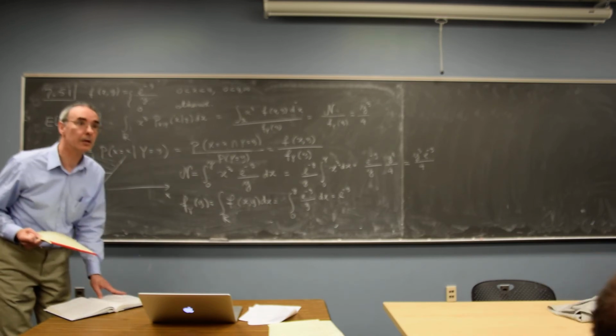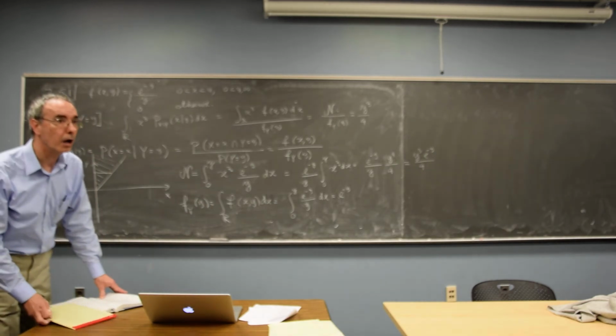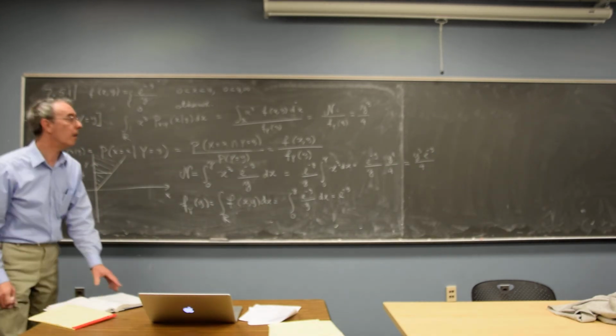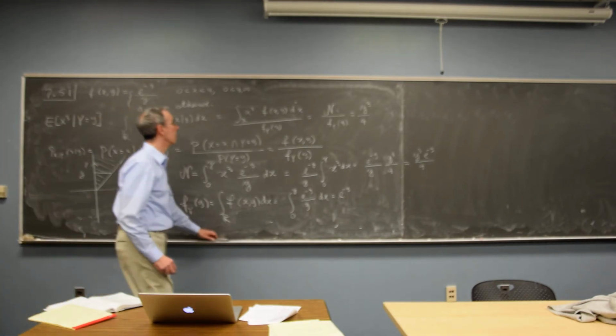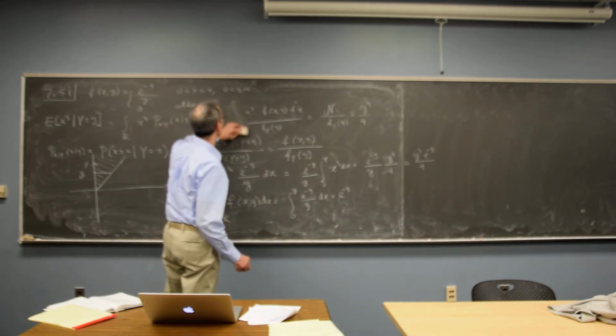Professor, can I ask a question? Yes. Are you allowed to integrate both numerator and denominator, like x cubed times the conditional density, instead of the integral of x cubed times the joint density, all divided by the marginal of y?